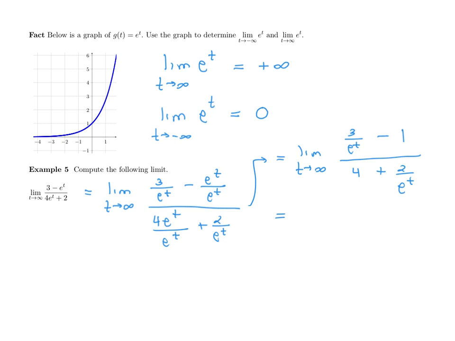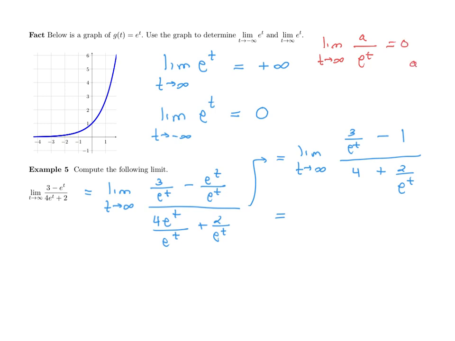Why is this? As t approaches infinity, using this fact here, the denominator is going to infinity. And the same thing is true for this one. This means if you have the limit as t approaches infinity of something like a number over e to the t, this is 0.